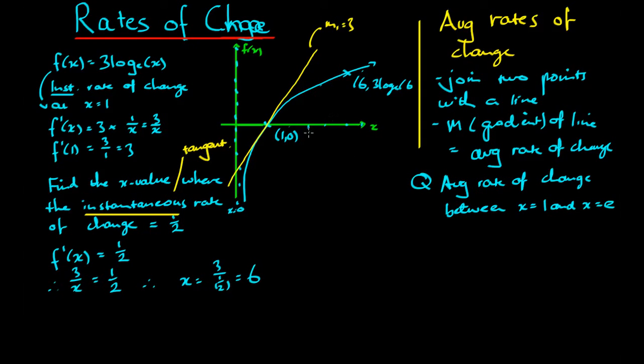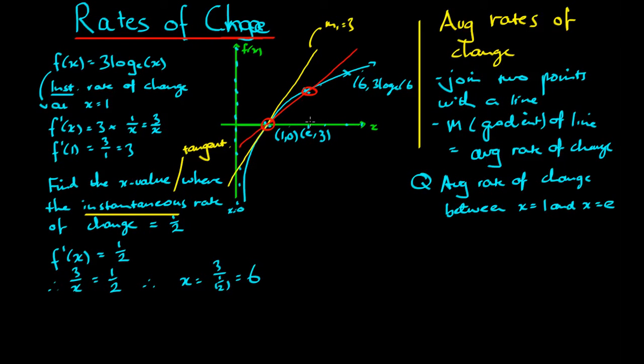E being a constant, so e would be somewhere here. We'd have e and then 3 log e e, which is 3. So they're saying these two specific points here and here, if we join them with a line, what is the gradient of that line?